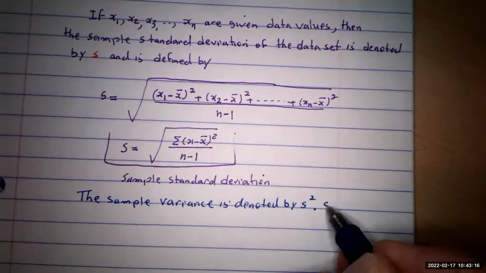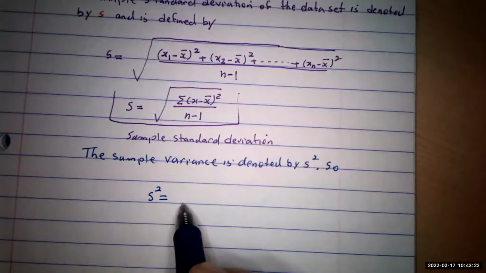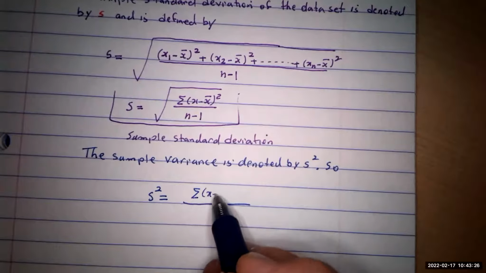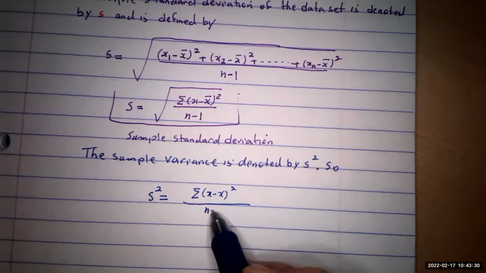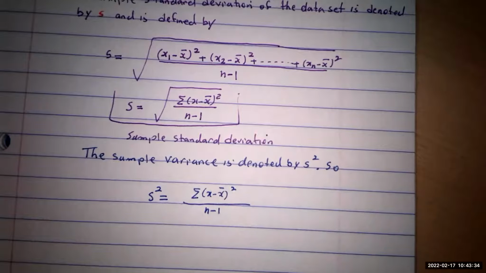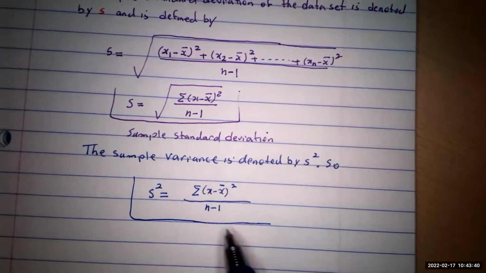So we usually find s squared first. It's sigma of x minus x bar, all squared, divided by n minus 1. So that would be the sample variance.